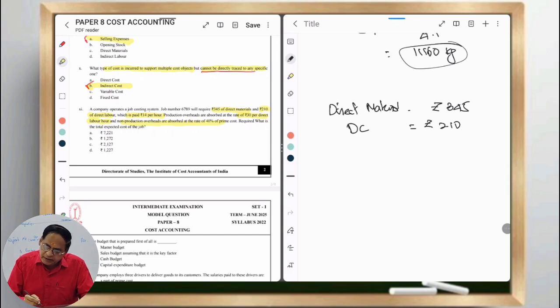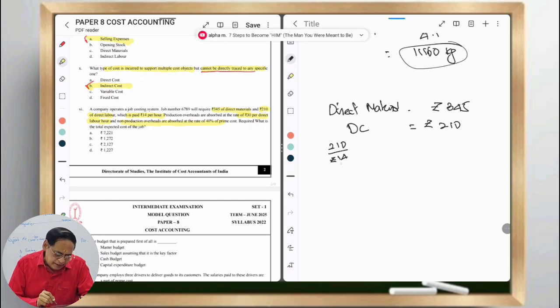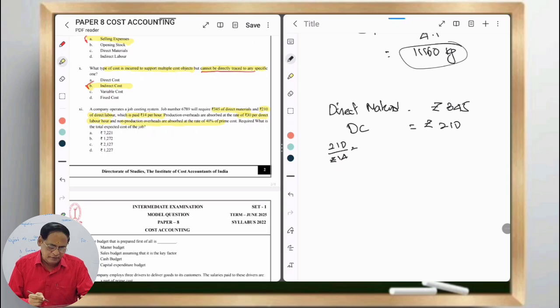The rate is 14 rupees per hour, so if we divide 210 by 14, we can find the number of hours worked. 210 divided by 14 is 15 hours. 15 hours at the rate of 14 is 210. If we add direct material and direct labor, we get 555. That is the prime cost.